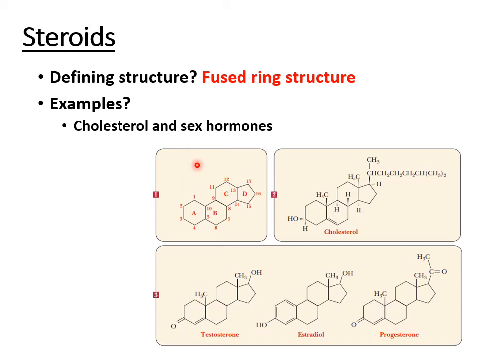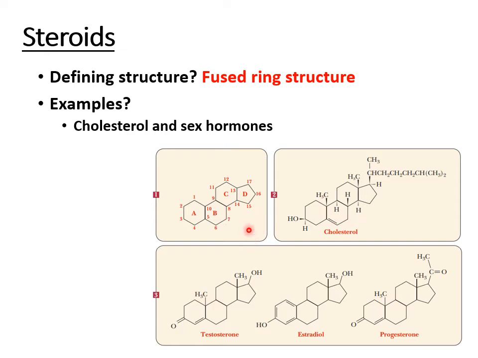And you'll notice that they all have the same general structure in terms of their fused rings. They look very similar to each other. They have the same pattern of having 3 of the 6-membered rings and 1 of the 5-membered. So 3 6-membered rings attached to 1 5-membered ring.